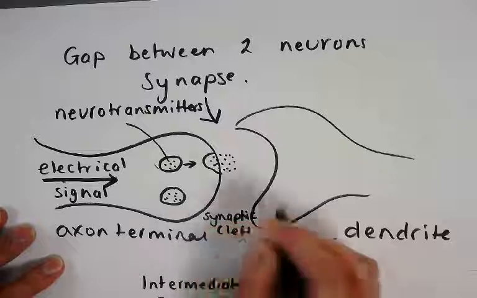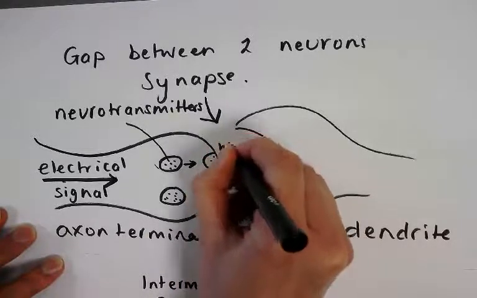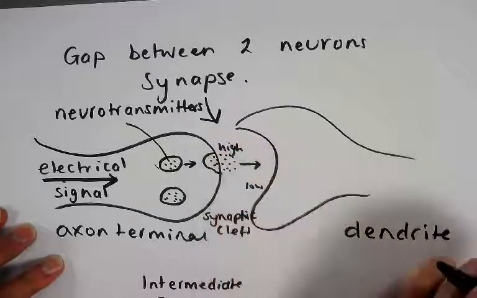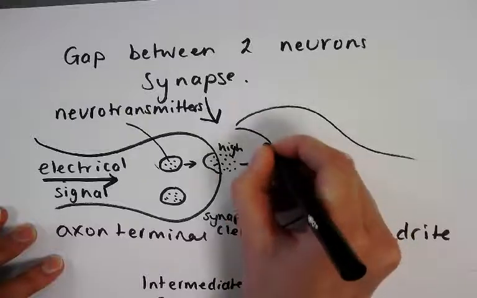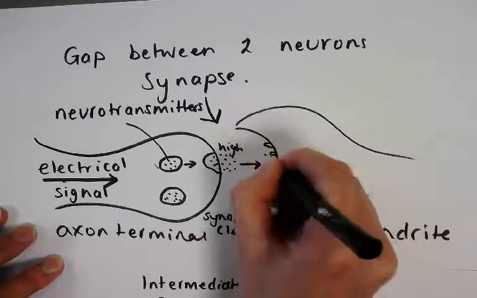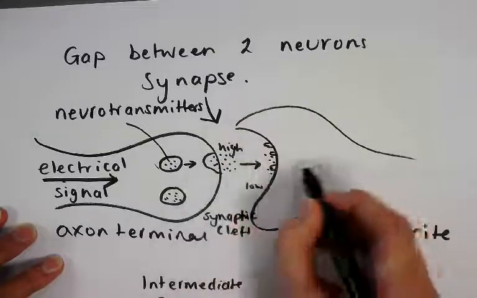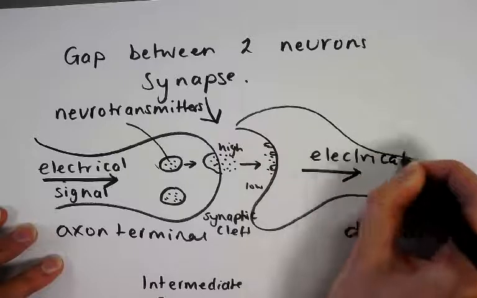It's then going to diffuse across, so it's going to move from an area of high concentration to an area of low concentration. It will then bind to receptors, so there'll be small receptors on the surface here. When it binds to those receptors, it will then continue as an electrical signal on this side.